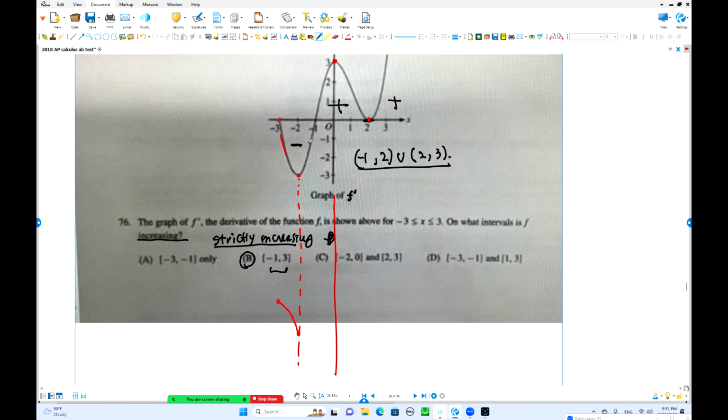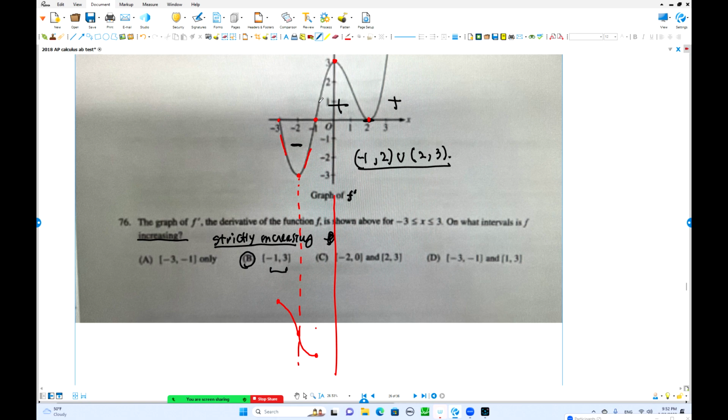After that, still, I'm sorry, decreasing, right? At this right point of inflection, slope is positive, concave up, decreasing from negative 1, okay? After that, increasing, right?